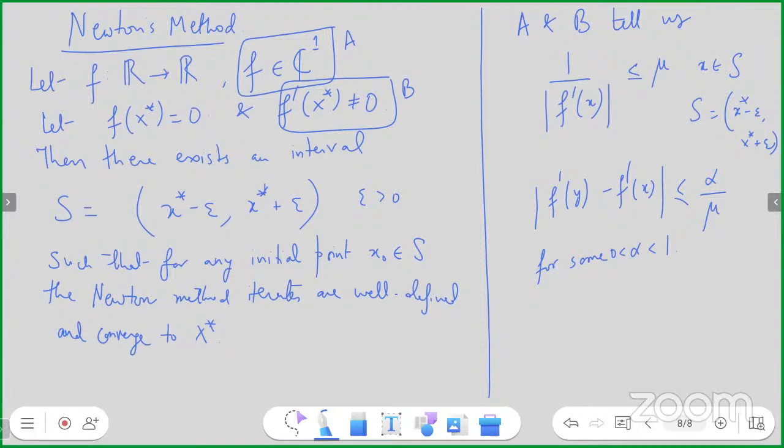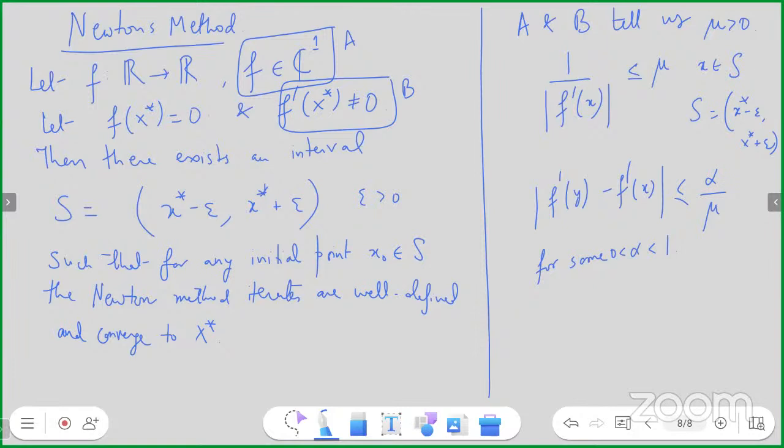Okay, not okay. All I'm using is A and B, nothing more. And mu is greater than 0. But I'm not clear why any of this is true. How do you get that? Just A and B.